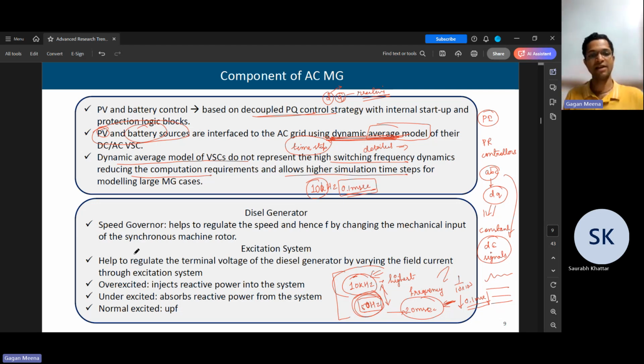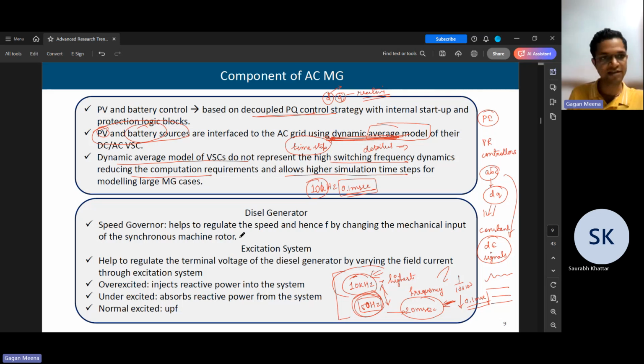It will help to regulate the speed, and speed is equivalent to frequency. By changing the mechanical input, we can change the frequency of the voltage generated by the diesel generator.